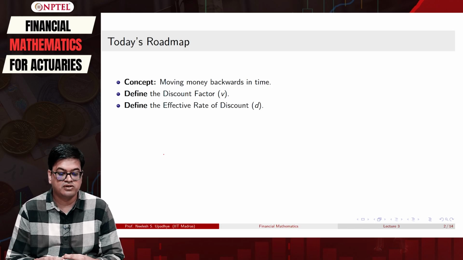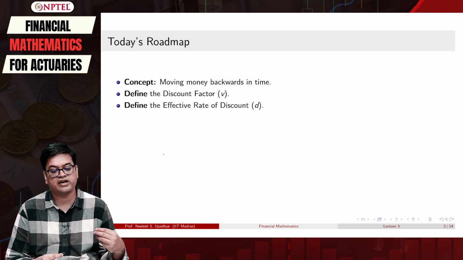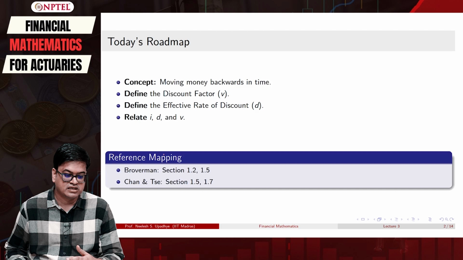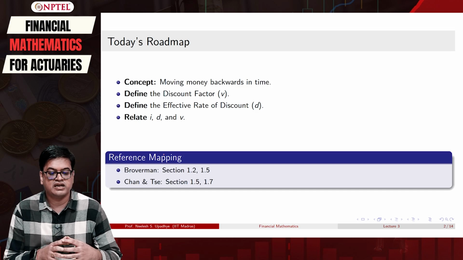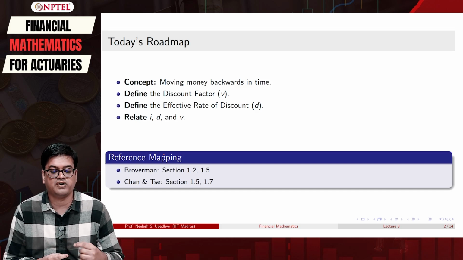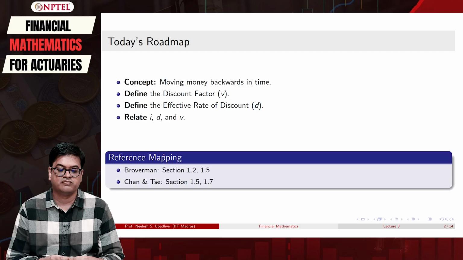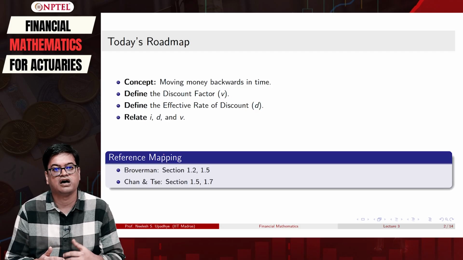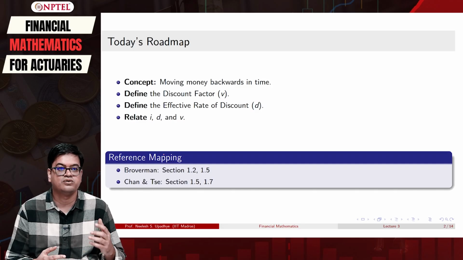Then we will look at the effective rate of discount after defining the feature of discount factor. And once we have this, then we can actually relate to our old notion of i, and we will relate the two new notions, one which is present value, another one which is discount factor, to our old known friend i, the interest rate.